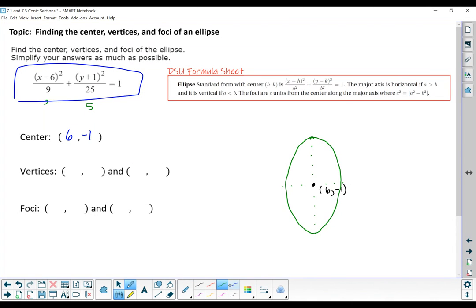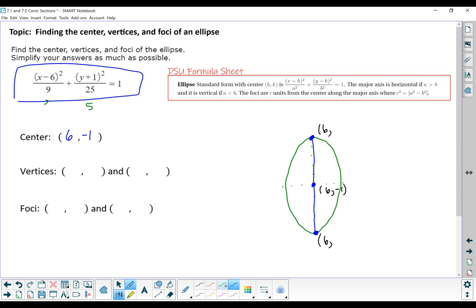Okay, so the 5 points that we need to find are the center, which we already found. We need to find these vertices, which we can now write the location of. The x coordinate is going to be the same, right? For this ellipse, at least, because its major axis, its longer axis, is in the y direction. So those all have the same x coordinate of 6.